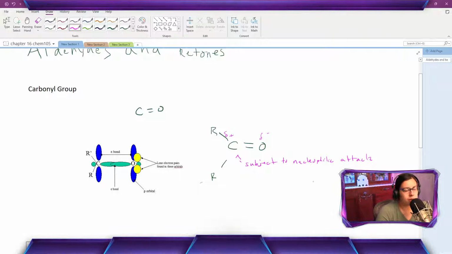So, meaning we're going to have something with a negative charge attacking this, meaning it wants something with a slightly positive charge. So this carbon is slightly positive. And then since it has this double bond, if this carbon gets attacked, these electrons can move over to the oxygen.